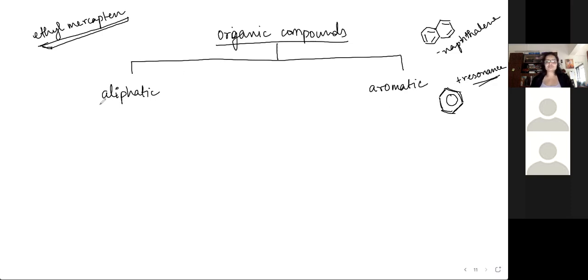Aliphatic is the opposite of that. If there is no resonance, that would be aliphatic compounds. There is another type of compounds which have no resonance and no ring, so basically open chain structures.